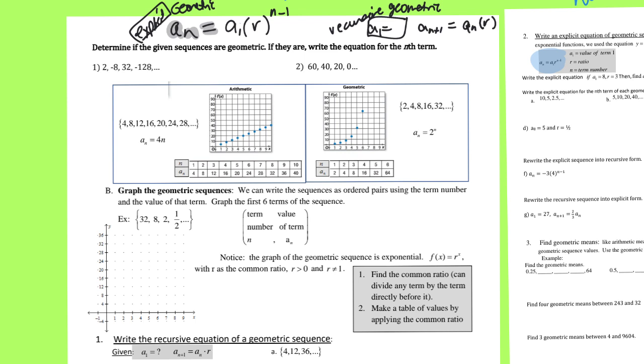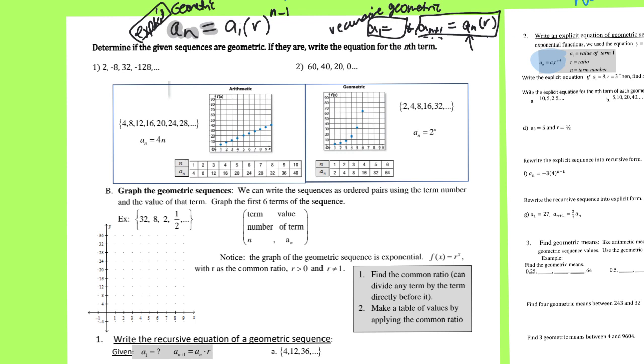Whatever term you start with, you multiply it by r, and you get to the very next term. So those are the two formulas. On the recursive, you have to give them a starting point, a sub 1, and then to generate the rest of the sequence, you start with a sub n, multiply by r, and get the very next term.